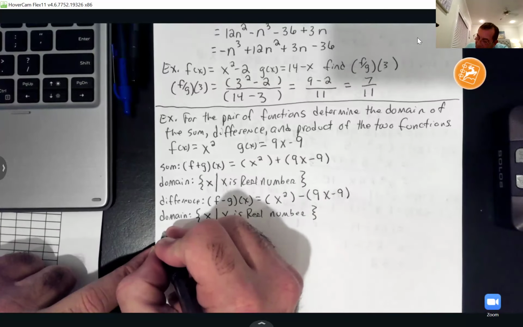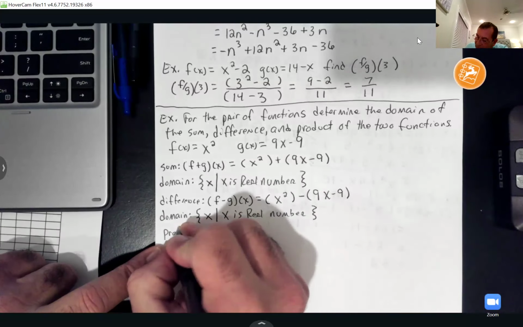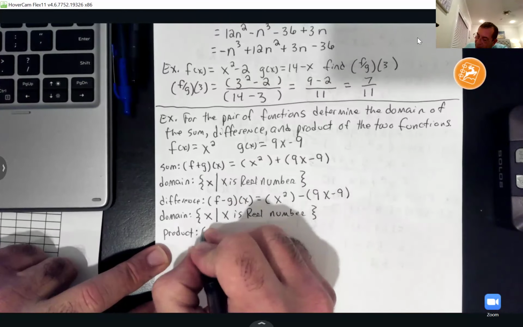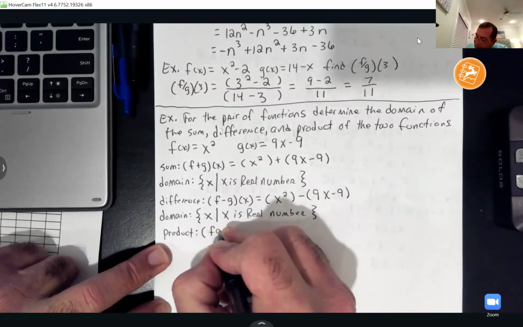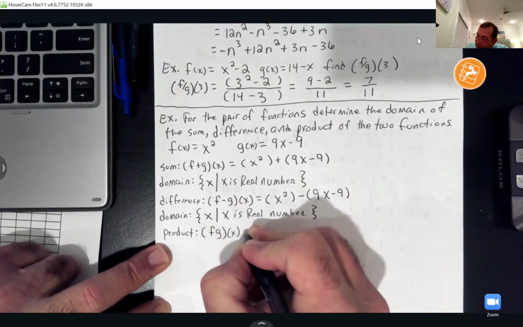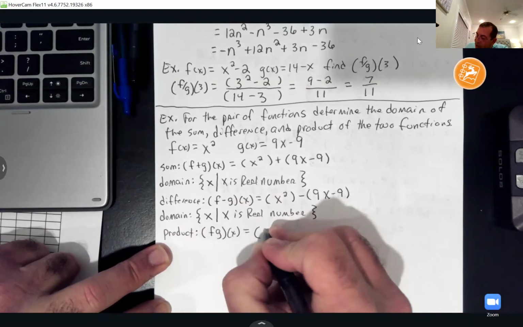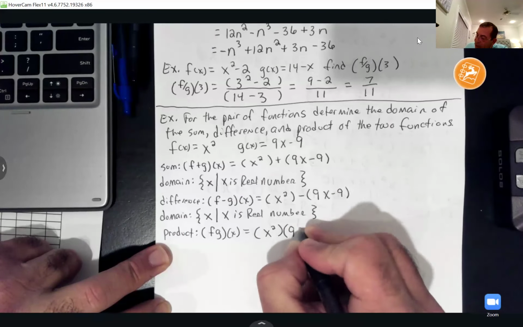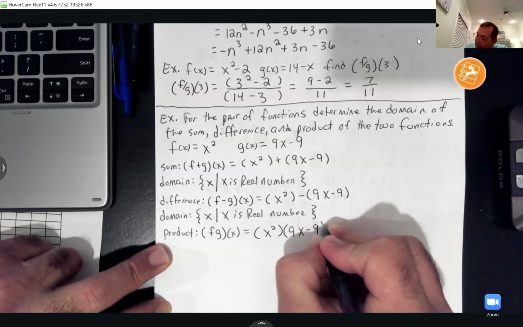So let's look at our product. Our product will be f times g of x. So it'll equal my f, which is x squared, times my g, which is 9x minus 9.